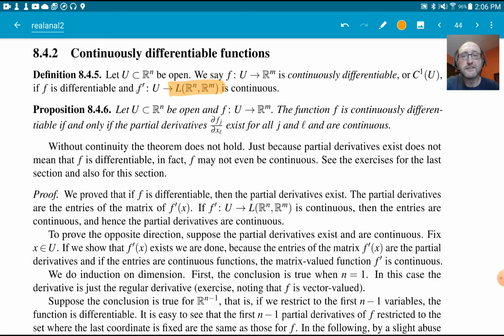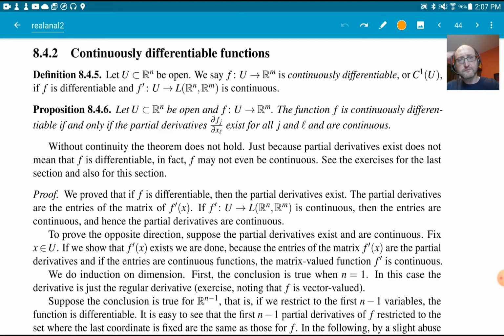And so this function is a function from U onto the set of m by n matrices, and that is continuous if and only if the coefficients are continuous functions, and the coefficients of the derivative, as we've seen, are the partial derivatives, all the different partial derivatives of all the different components of f, right? So things that look like this.